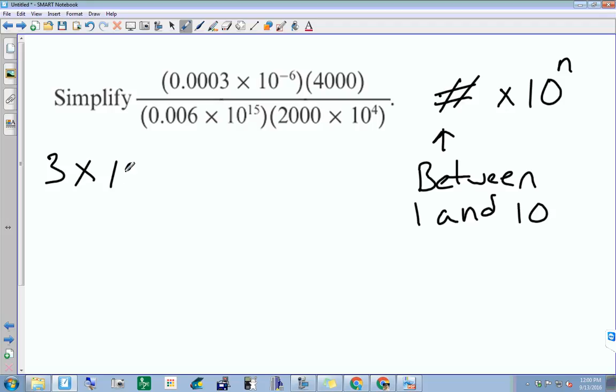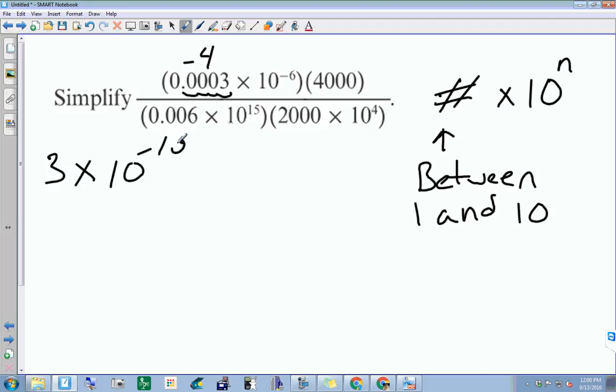So this is going to be 3 times 10 to the what? Well, it's already the -6 power, but I need to move this decimal point so that it goes 1, 2, 3, 4. So I've got to get a number between 1 and 10. So how many places did I move it over? 4. So I moved it over -4. So that means this one here is going to be what? 10.